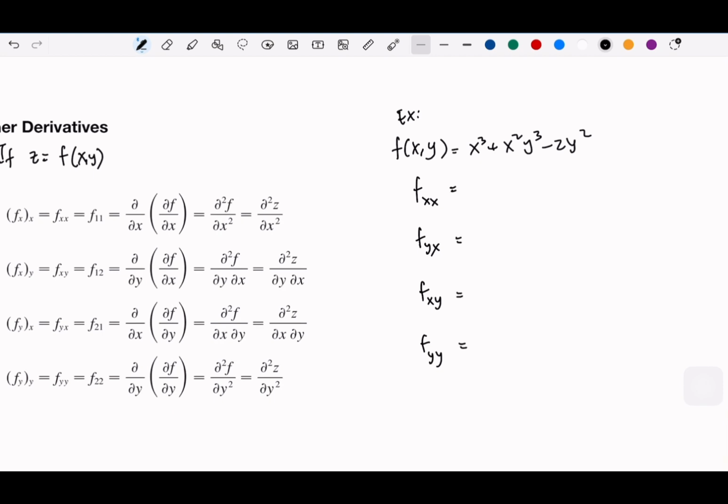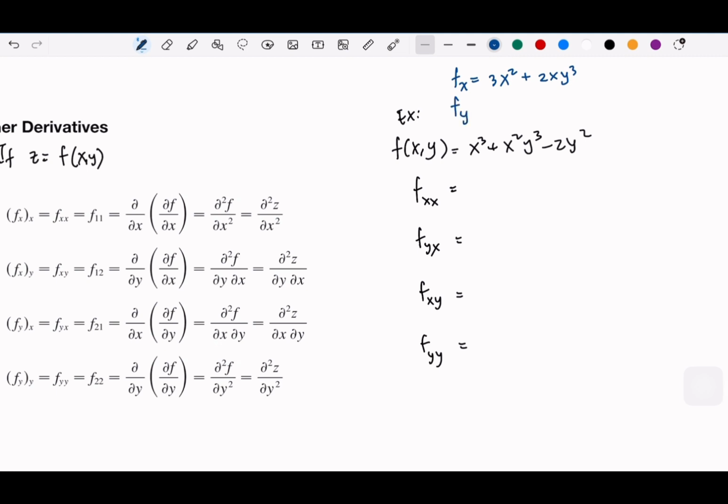Now, of course, for higher derivatives, the first thing you need to find is the first derivative, either fx or fy, the partial x or partial y. And then derive one more time, depending on which order you need. So first, taking the partial x, this will be 3x squared plus 2xy cubed, and the other one will be a constant, 0.